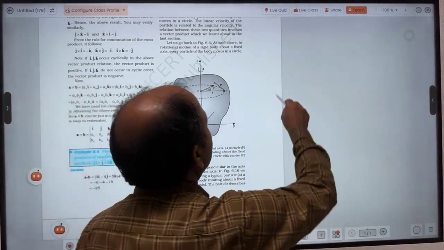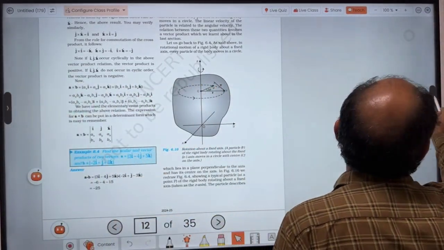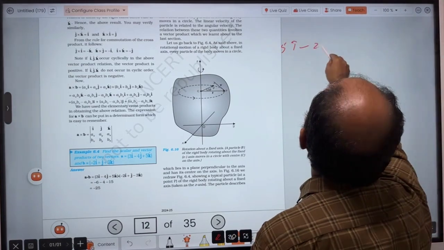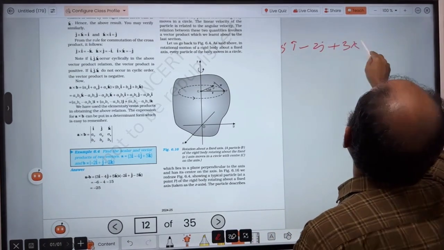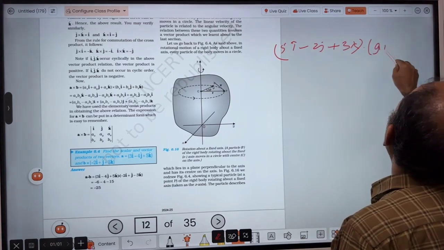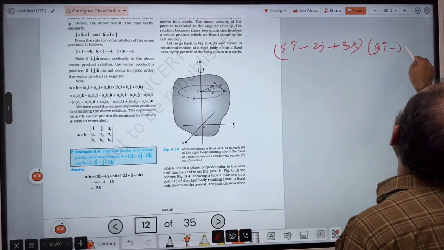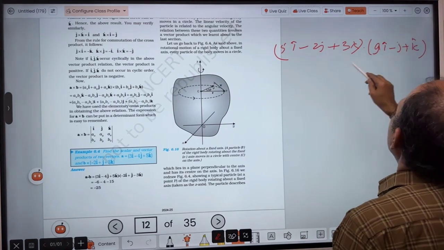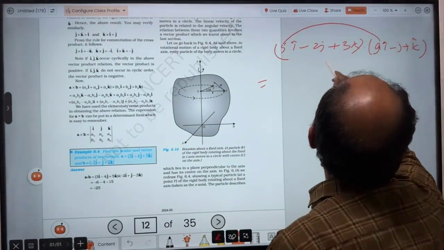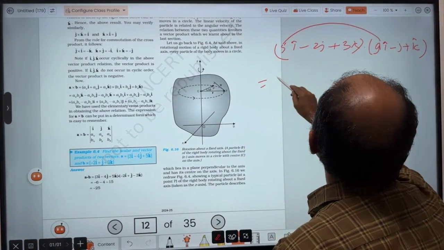As far as the dot product is concerned, you know very well. Suppose you are given 5i cap minus 2j cap plus 3k cap, and dot, suppose, 9i cap minus j cap plus k cap. Suppose you have to evaluate it. In this case it is very simple. You only have to multiply the coefficients of i, j, k.